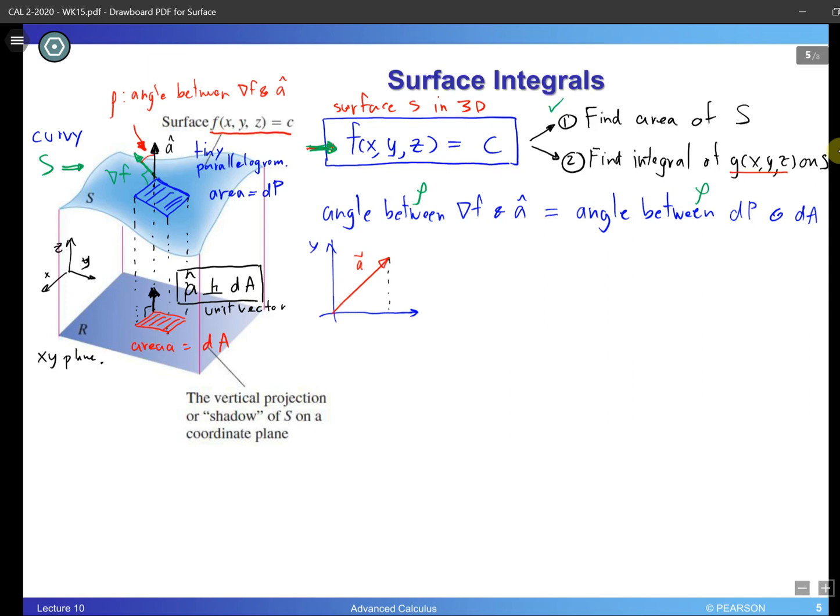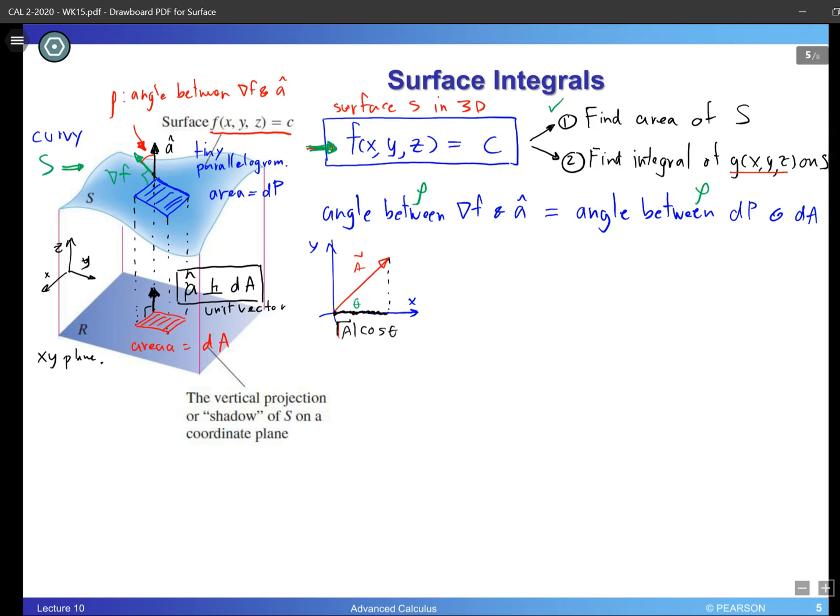Okay, let's put x-axis right here. We want to find the length of this projection. And the length of this projection is going to be equal to, okay, let's change this to capital A, the absolute value of A cosine theta, and theta is going to be the angle between them.